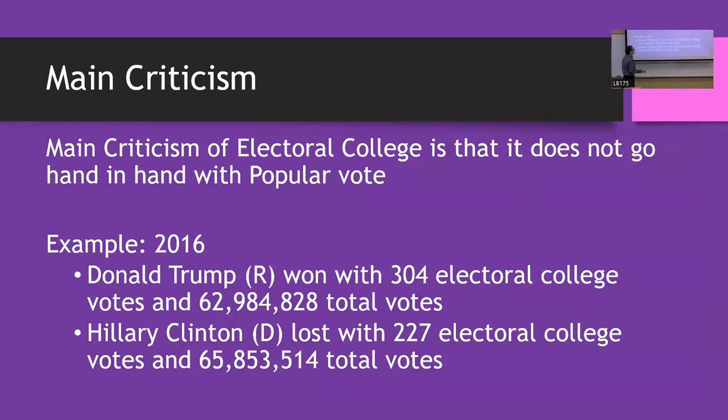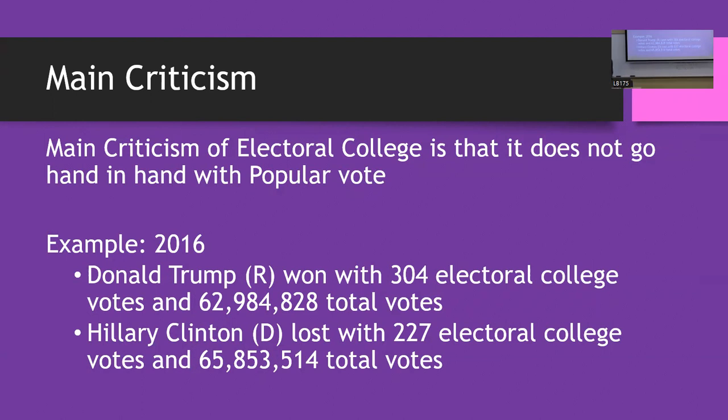Now, the main criticism that people have of the electoral college is that if everybody in the United States just voted, you don't necessarily get a popular vote win, meaning they don't win the plurality vote, if they win the electoral college.